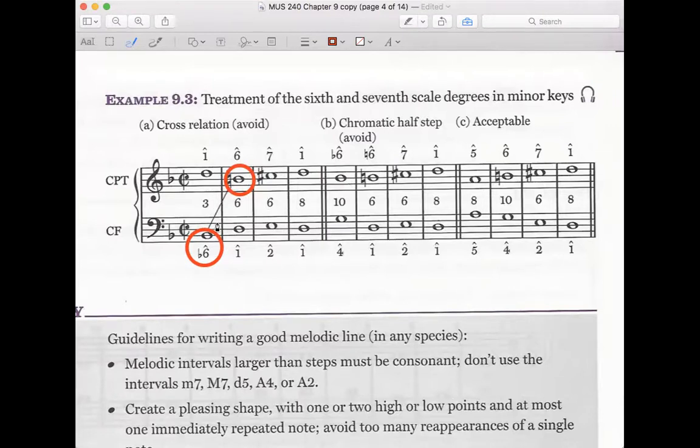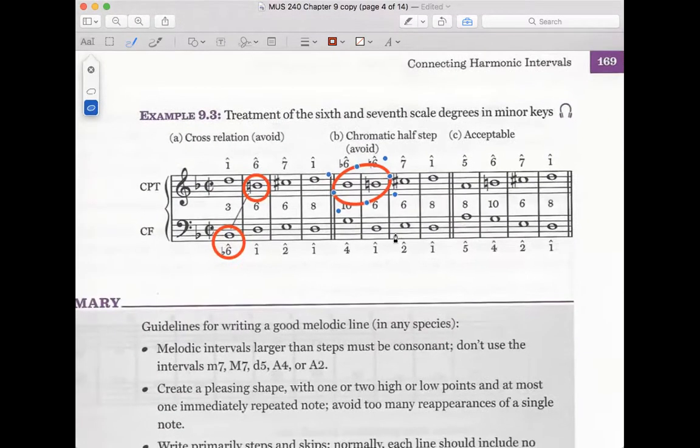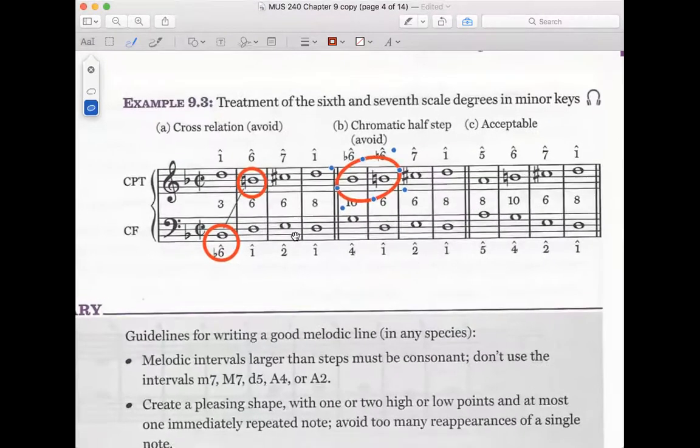Okay, this is what's called a cross relation. Why is it a cross relation? Because it's going from one voice to the other. This is just a chromatic half step, which we also want to avoid. Okay, and look at how this is occurring. Well, in the minor mode, sometimes this is more of a problem because the minor mode sometimes uses those raised 6th scale degrees or raised 7th scale degrees.